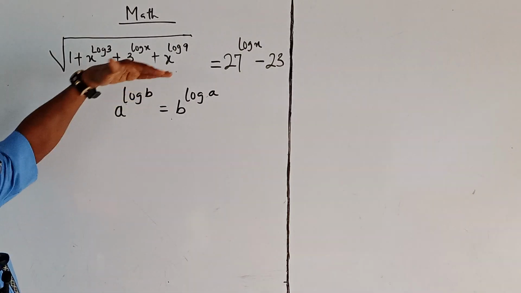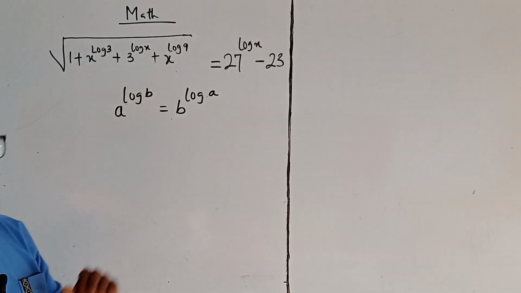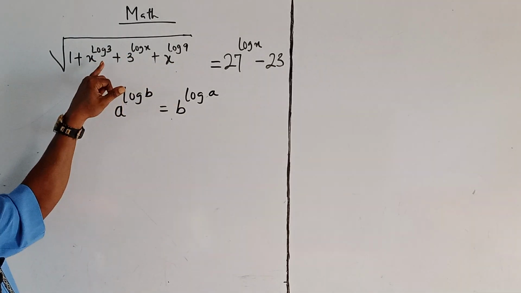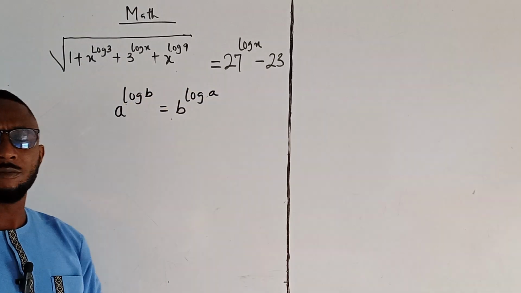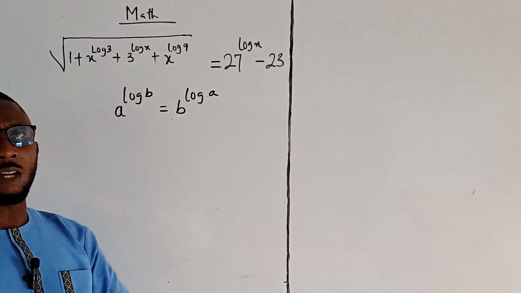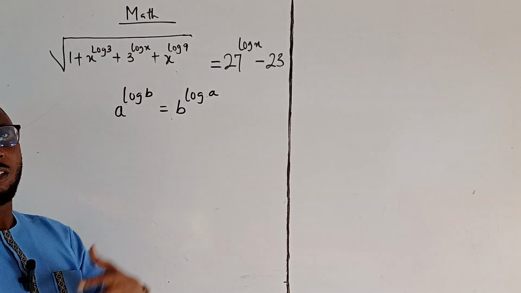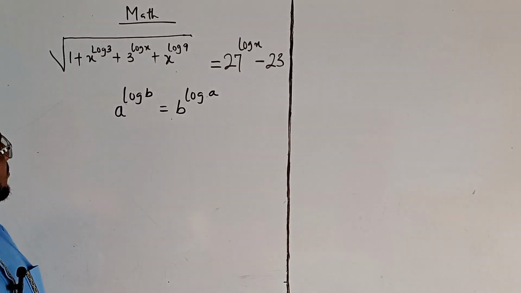Now, the problem we are going to solve, the base of all the logs we have here is actually 10. It's also called common logarithm, and sometimes it's intentionally omitted.